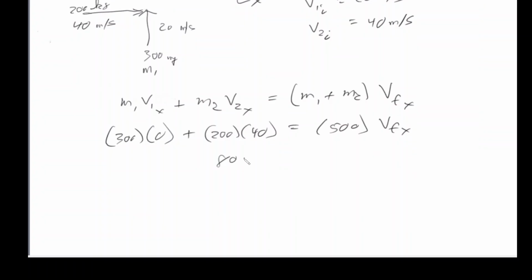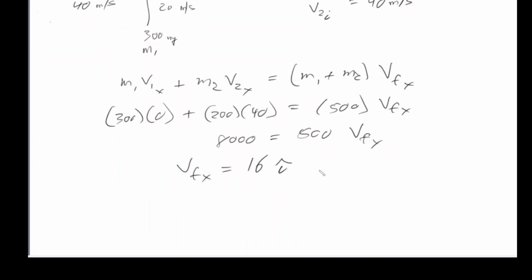And if we solve this equation, we get 8,000 is equal to 500 times v final x, or the final velocity in the x direction is equal to 16i, meaning going in the x direction, meters per second.